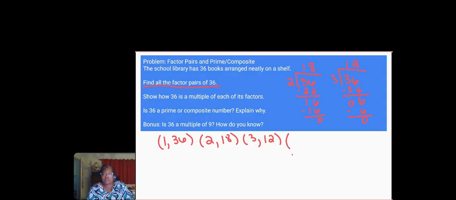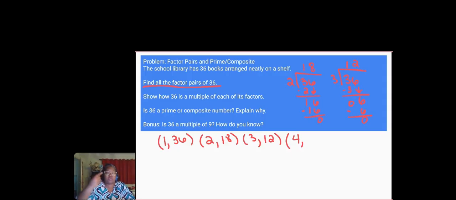Well, let's think about 4. Is there a number that we can use to give us 36 here? Now, of course, not every number is going to be a factor, and this is where knowing our multiplication facts can come in really handy. If we continue to go up by 4s, will we hit 36?